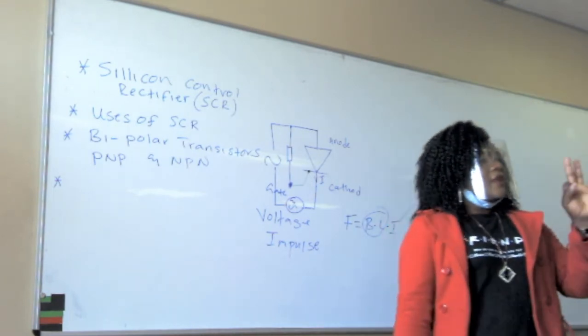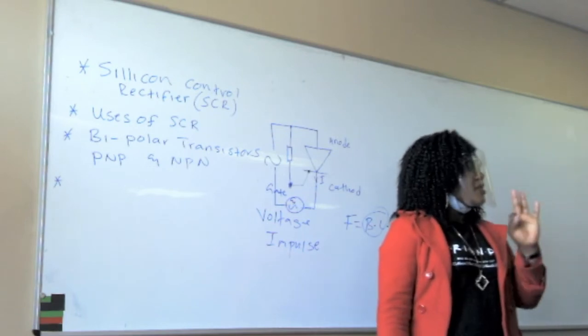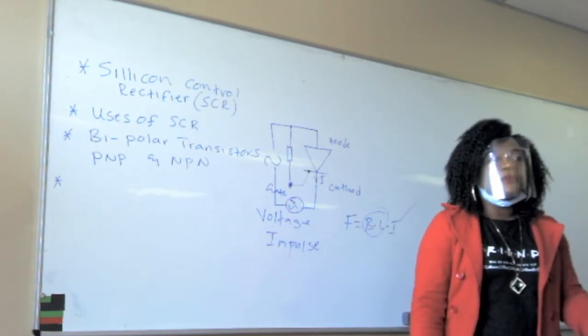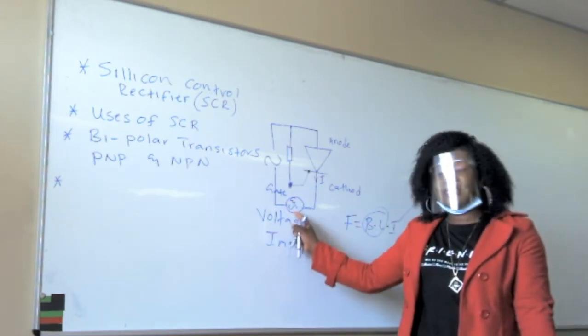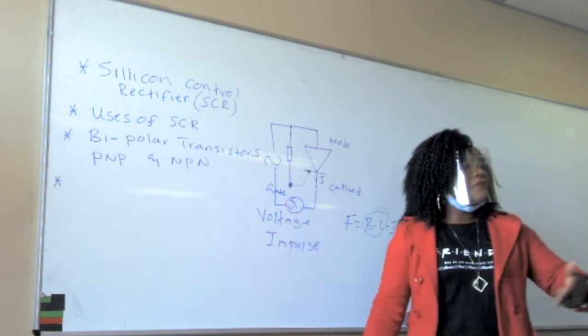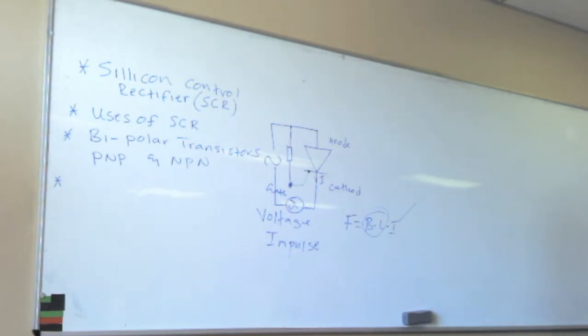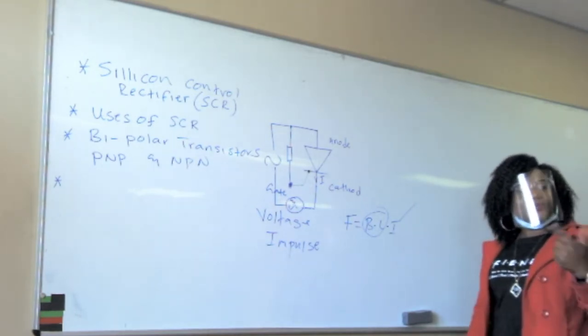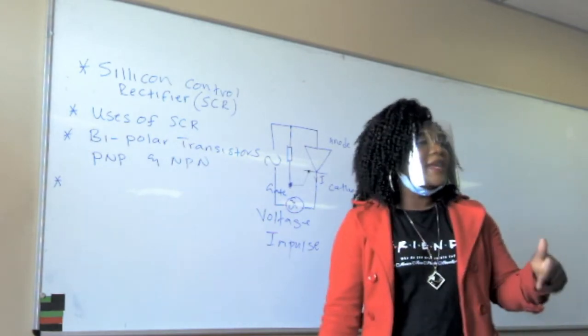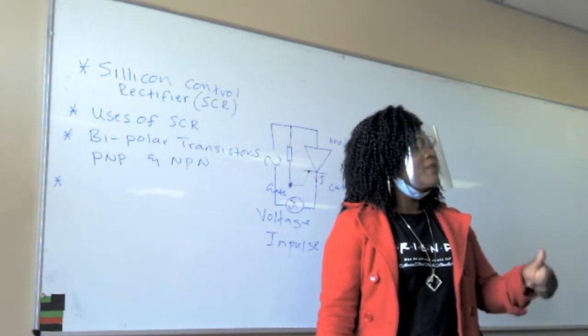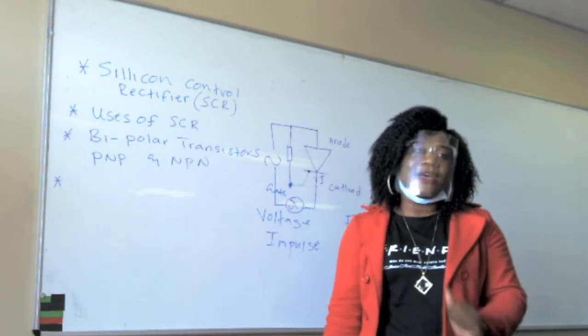Third one, SCRs are used in regulating the speed of a motor, which I've already mentioned. Here is the motor here. So if you want the motor to run faster, you need more current through the SCR. If you want the motor to reduce the speed, you are going to apply less voltage on the gate and there will be less current passing through the SCR.